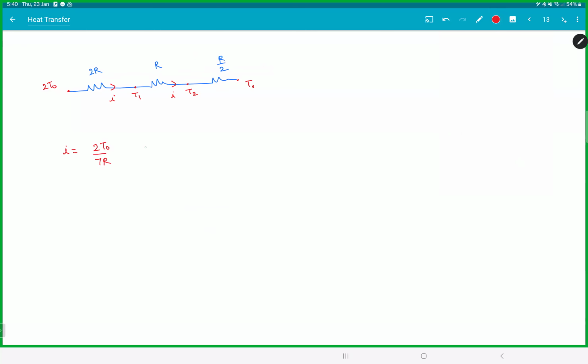So, can I say like this? I is nothing but 2 T naught minus T1 by 2R. This current, na? Potential difference across the resistor by resistance will give you the current. This is also equal to this current, which is T2 minus T naught by R by 2.